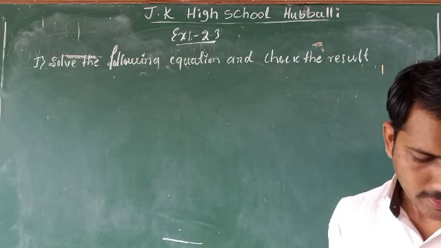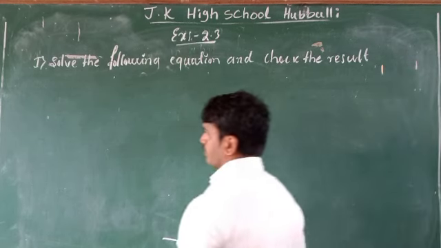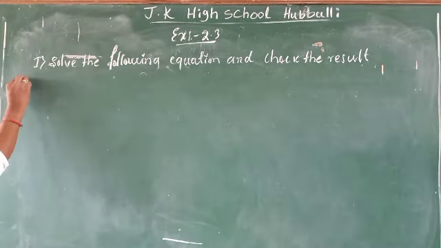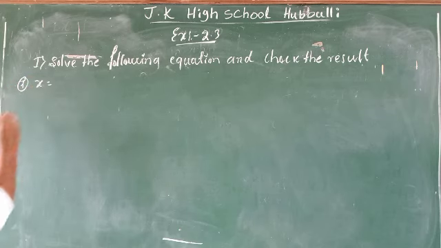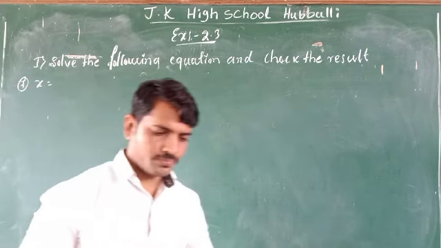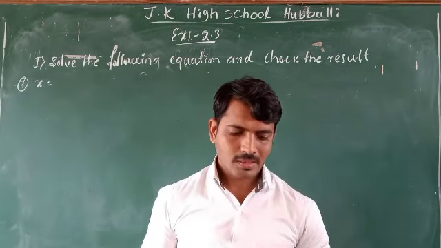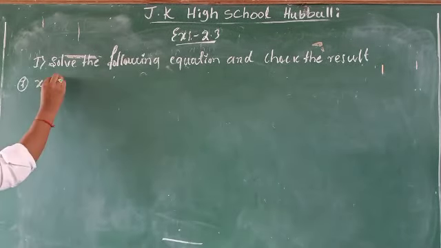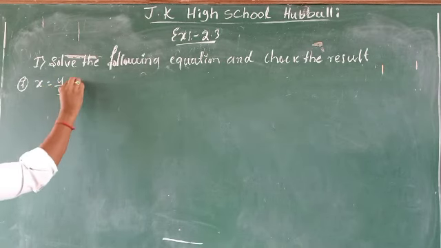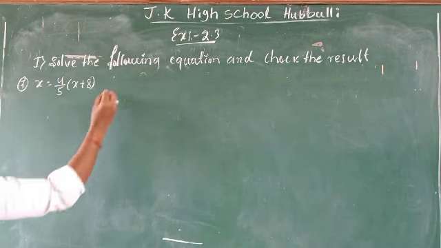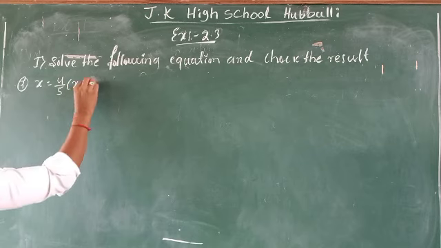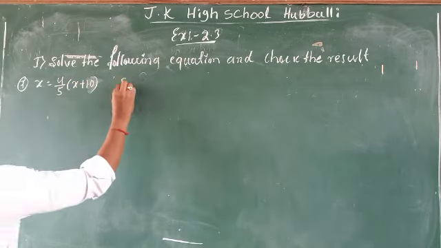Next, question number 7. x is equal to 4 by 5 in the bracket x plus 10.